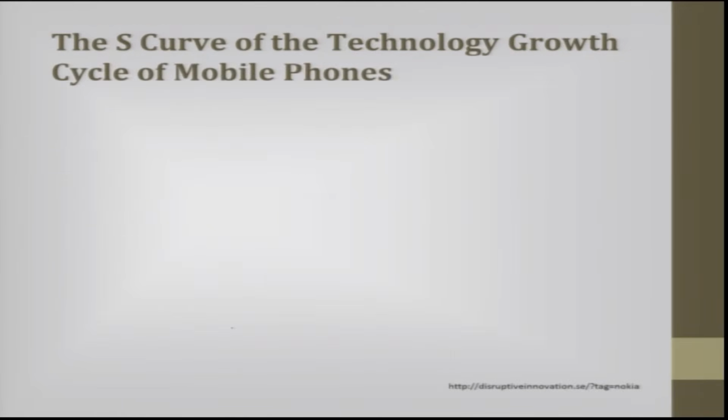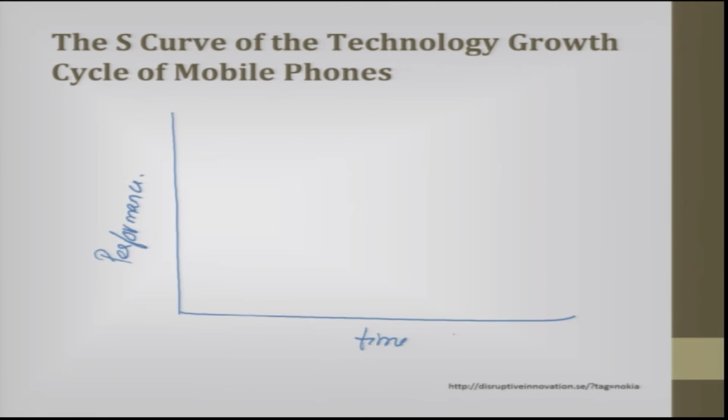So, let me try to draw the S type curve of technology for the mobile phone, for example, for Nokia phone alone. This is performance and this is the time period, time. The curve went something like this.